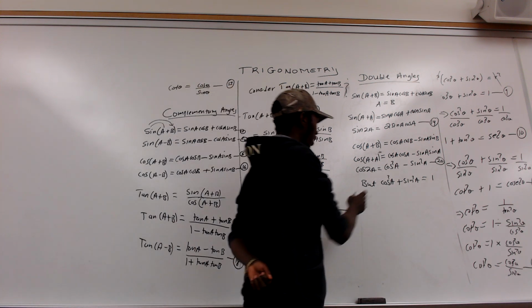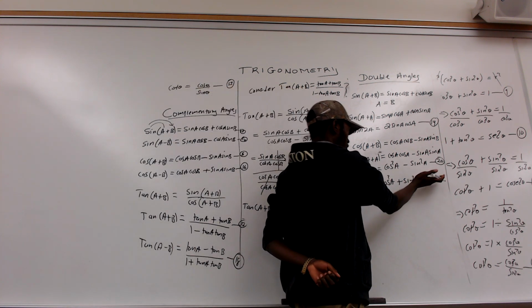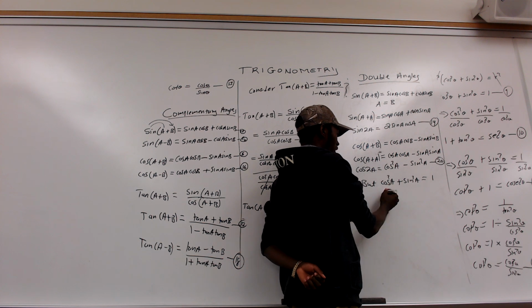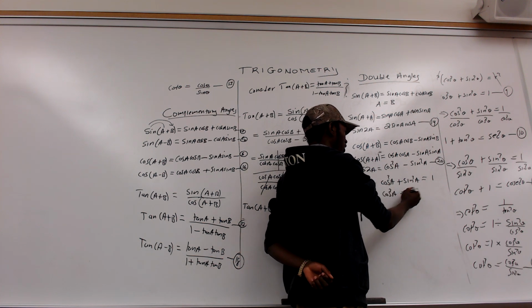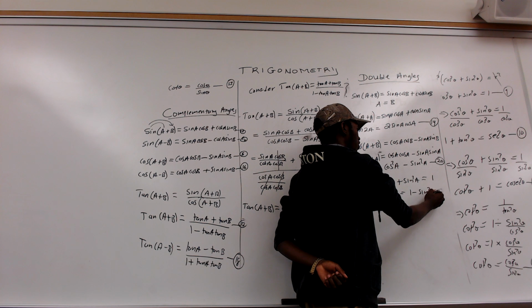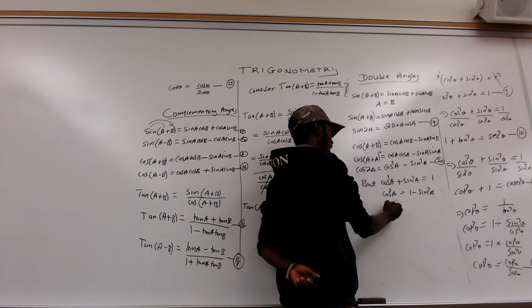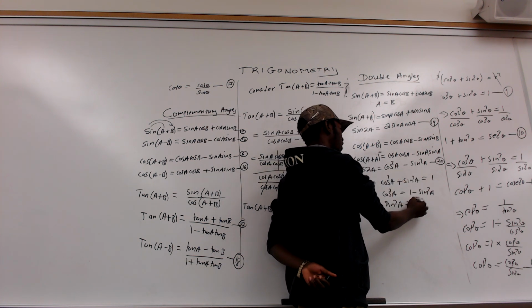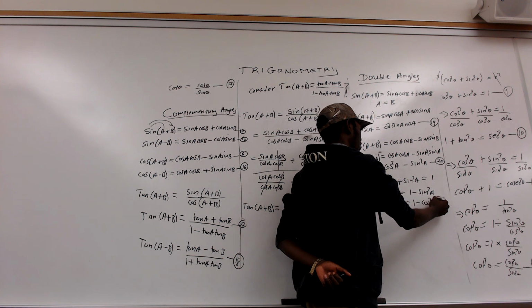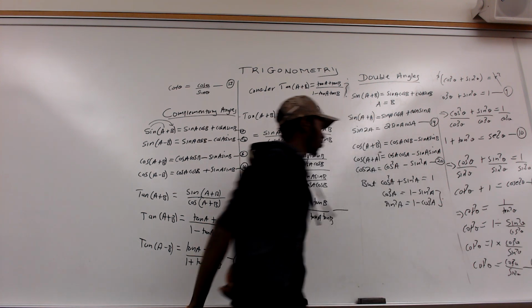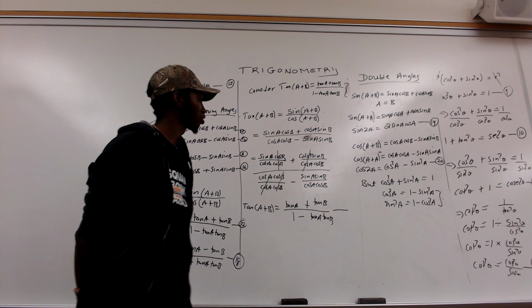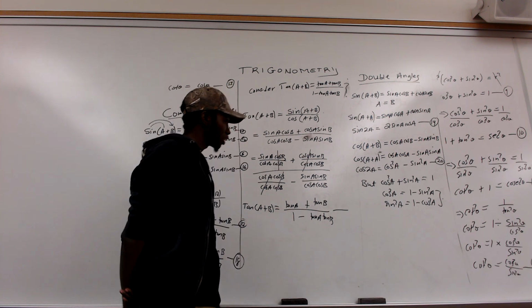It is an identity. You can make cos square A the subject, which gives 1 minus sin square A, or make sin square A the subject, which gives 1 minus cos square A. This gives us two more identities for cos 2A.